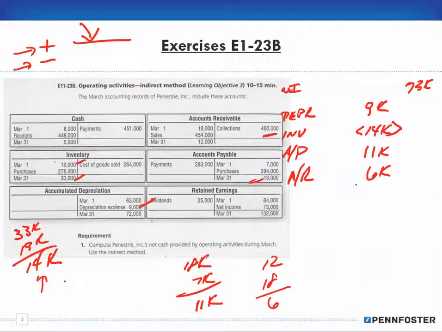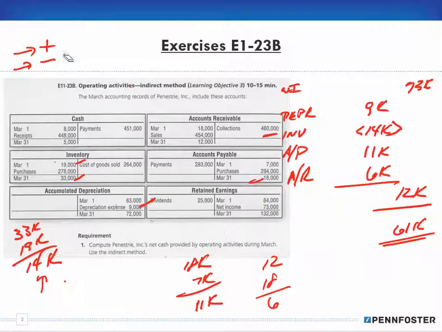When we add up all of those adjustments, we end up with $12,000, and then the difference between the 73,000 and the 12,000 is 61,000. That would be the net cash provided by the operating activities.